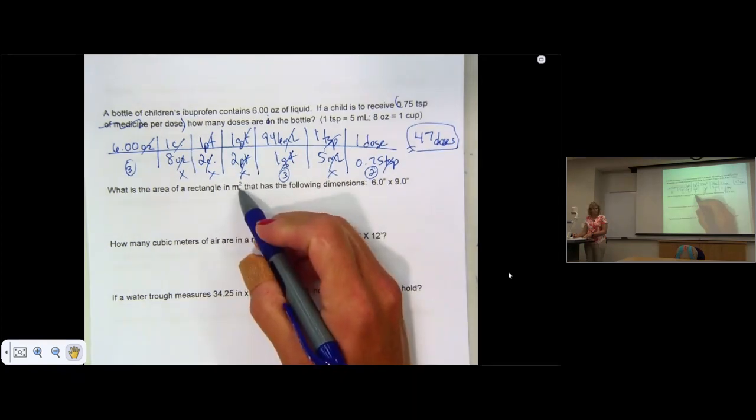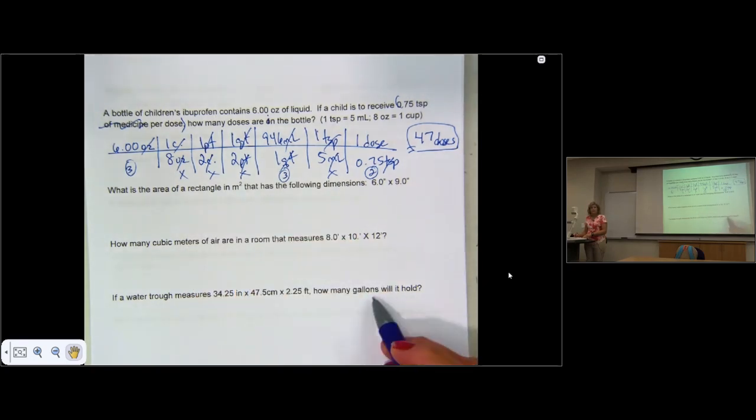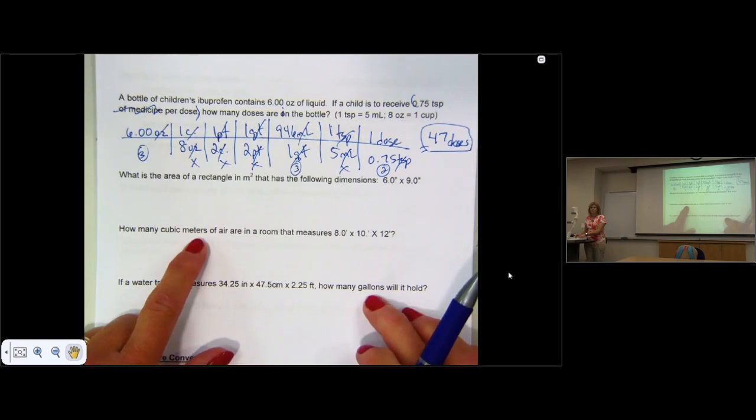All right, the next three problems all have a similar theme, and that is that you're looking for units that have something to the power. This one's cubic meters, this is meters squared, and this is gallons. So instead of saying it's something to the power, I could say in these two scenarios, it's volume that we're trying to find.